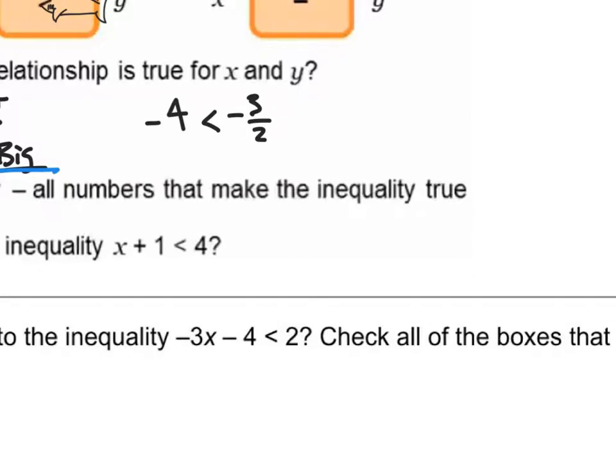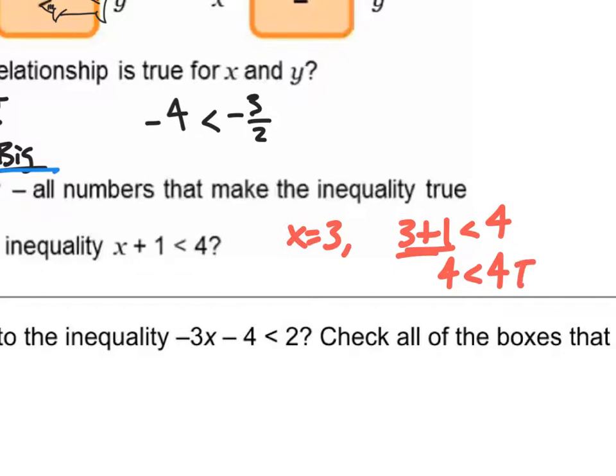If you let x equal 3, then 3 plus 1, is that less than 4? When you combine like terms and simplify, you get 4 is less than 4. Is 4 less than 4? No, it's the same number. This is a false statement.